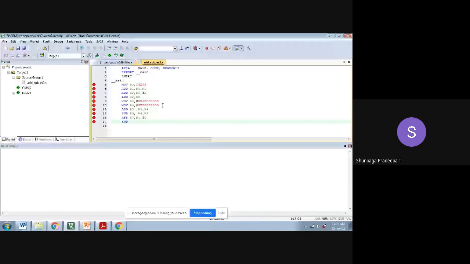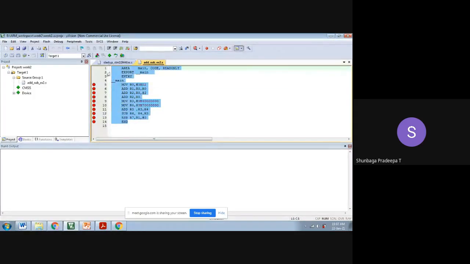See here, what we are going to do, we are going to create the coding that ma'am has taught you about the addition using register and register with immediate value, register with register, and the subtraction and the reverse subtraction. We will simulate the same coding in the software and see. So here we have created the project.